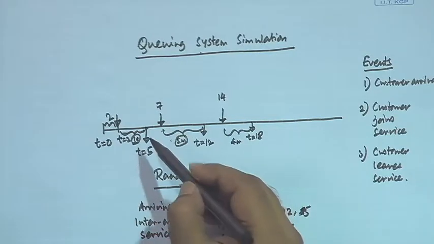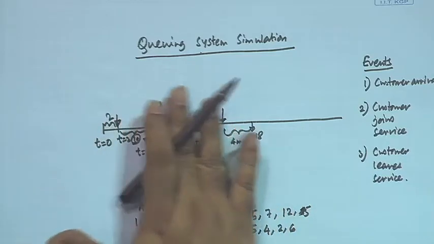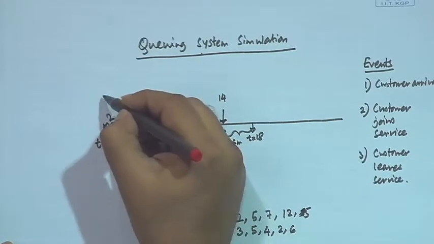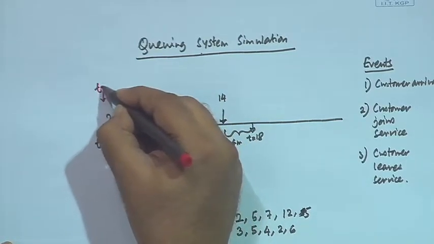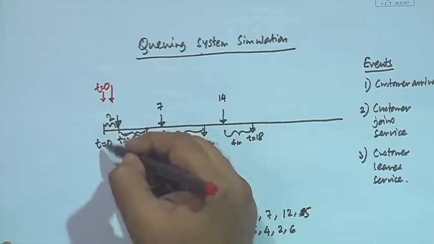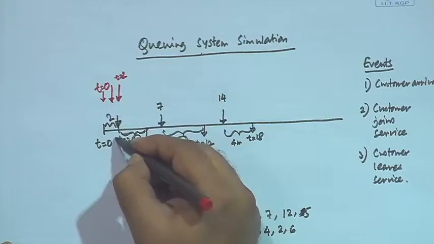But what is interesting to note here is how do we track the system? One method could be, we track every minute. You see, this is t equal to 0, nothing happens, then t equal to 1, nothing happens, t equal to 2, suddenly we find one customer has arrived.